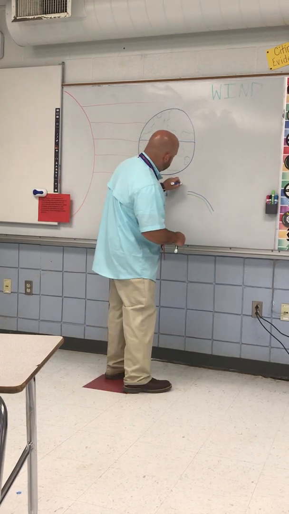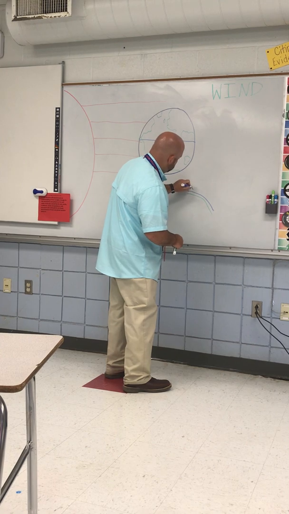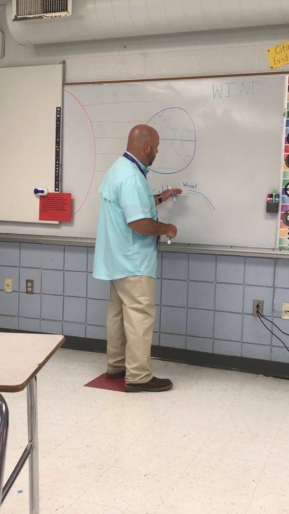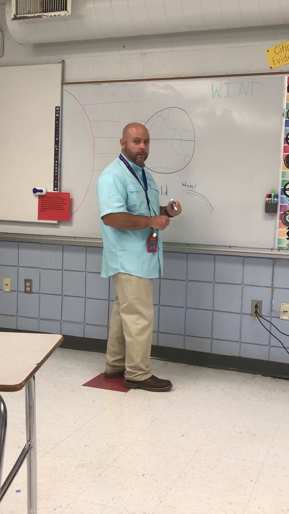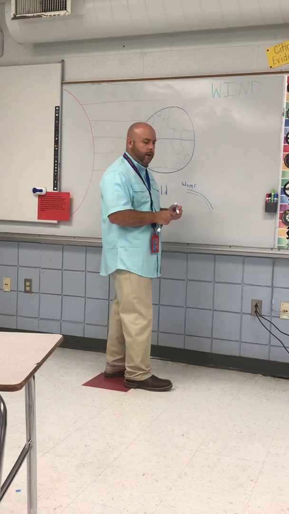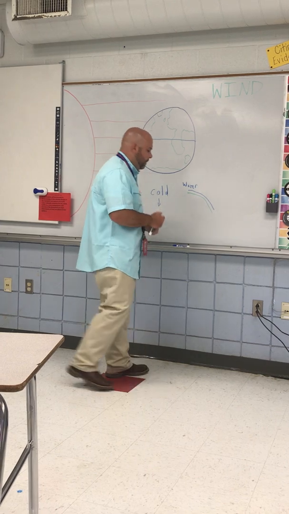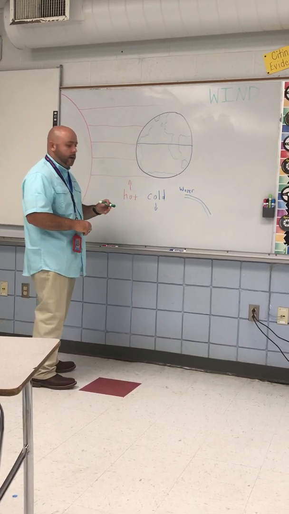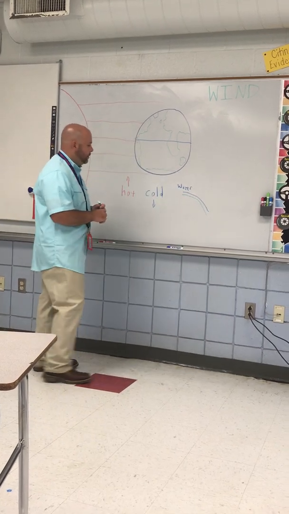There's more water up here than there is down here. And due to gravity, that causes the water to go down. So if you can think water goes downhill, let's think. That's a higher concentration. This is a lower concentration.